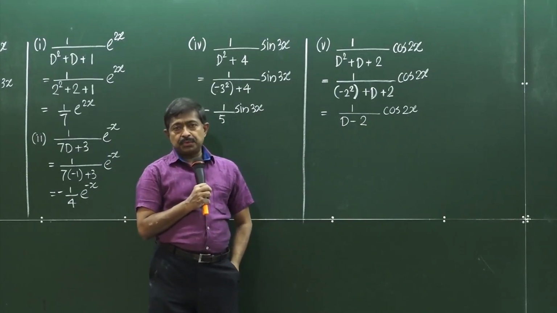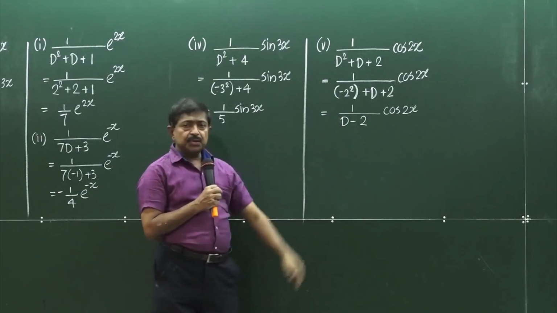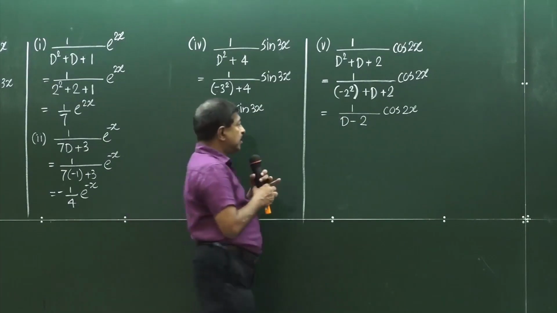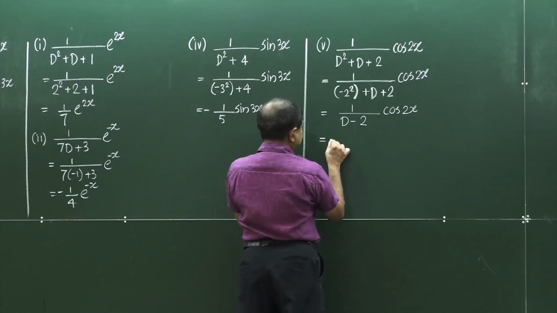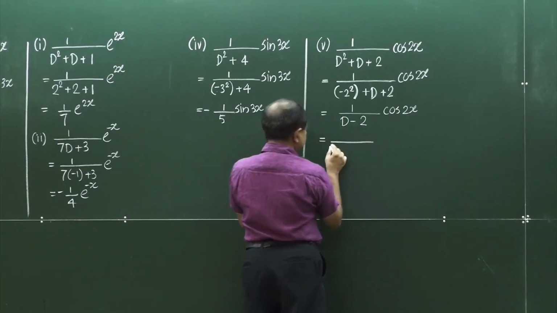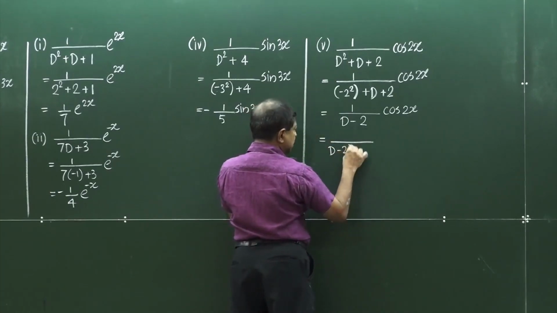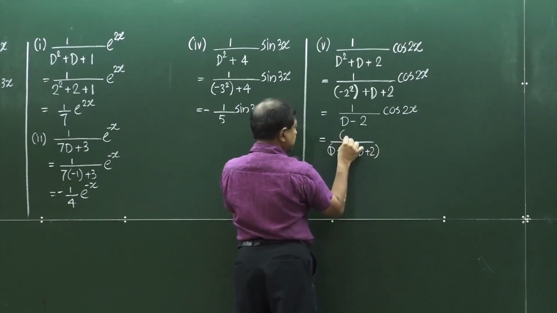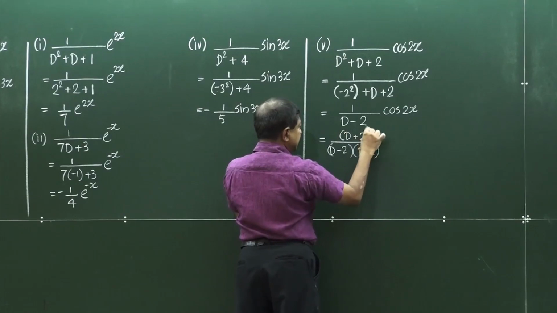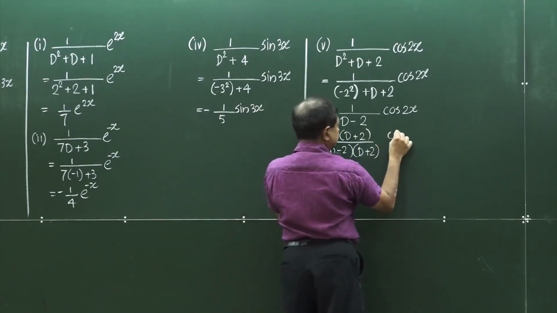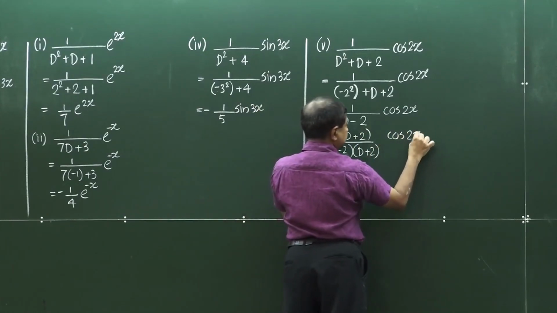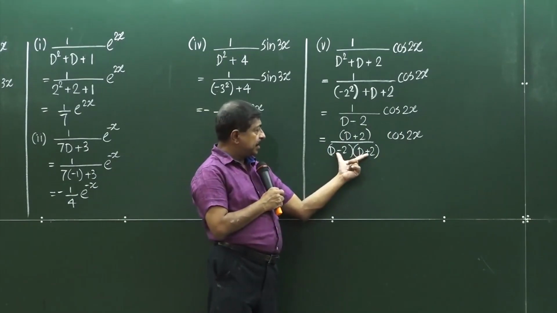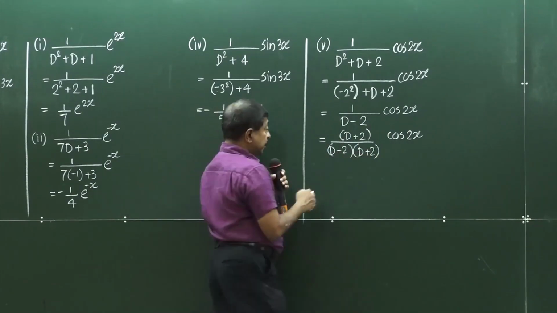So what should you do now? You make it a function of D squared. How do you do that? You multiply it by the conjugate. You can freely play with this one. Now you can have it like D squared plus 4, sorry, D squared minus 4.